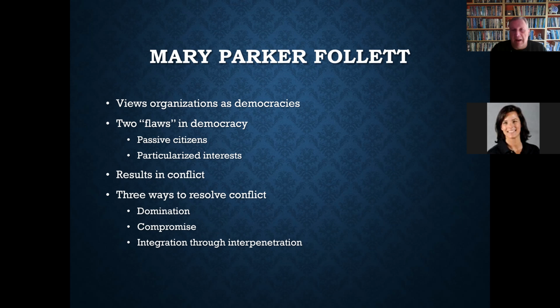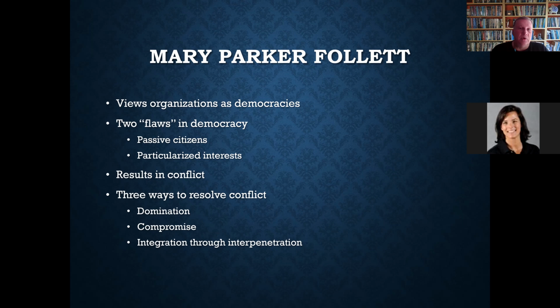So instead of just compromising, and instead of one party dominating the other, everyone's going to work together to come up with this new way of looking at the problem that everyone can get on board with. And since everyone can get on board with it, you're going to have much more buy-in, and it'll be a much more effective organization. Now, Follett argues the only way you can have this is through participation. You need to reach out to all the employees in your organization.